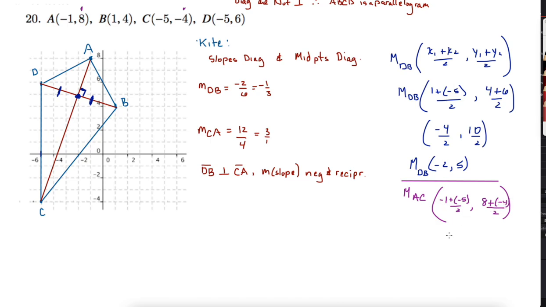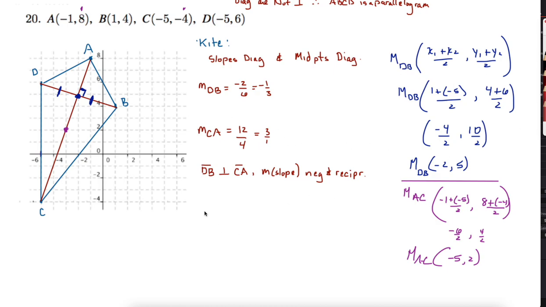Negative 1 plus negative 5 is negative 6 over 2, and 8 plus negative 4 is 4 over 2. I get negative 3, 2 for AC. At first glance, maybe, oh no, we got the same thing. But no, the x and y's are different. So that's not the midpoint. This diagonal is not being bisected.